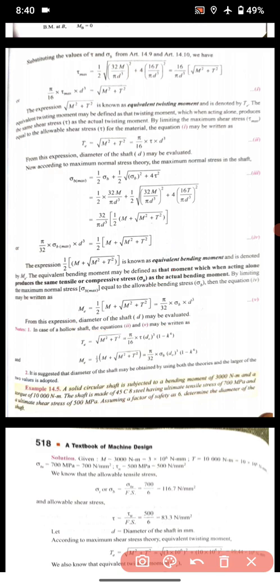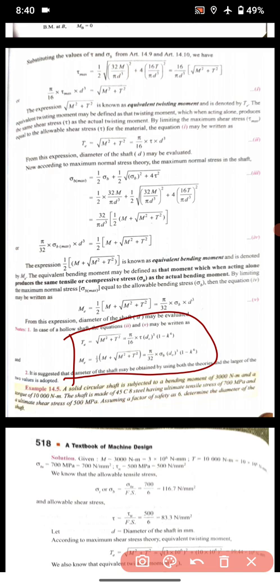In case of a hollow shaft, the equation may be like this: TE equal to the square root of M square plus T square, equal to pi by 16 into tau d cube (1 minus k power 4). The diameter of the shaft may be calculated by both equations, and the maximum diameter obtained by using both equations will be taken for safety purposes.